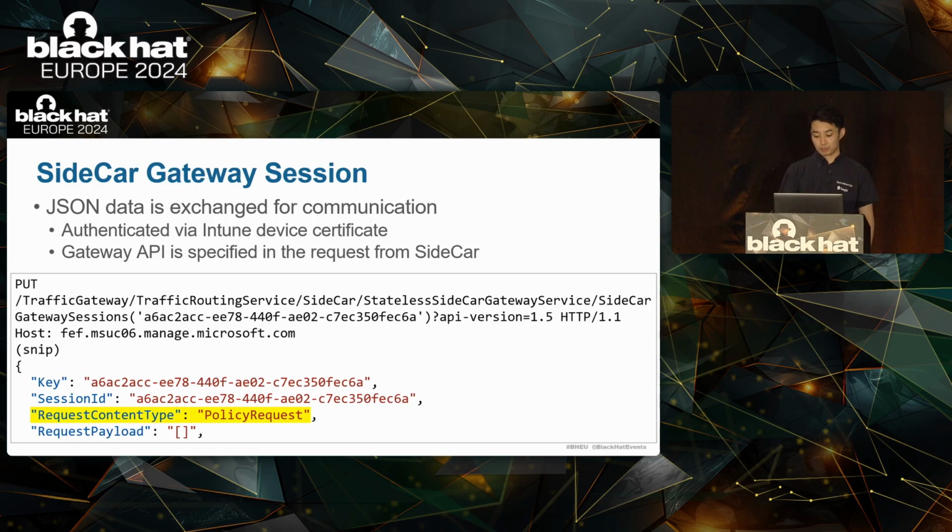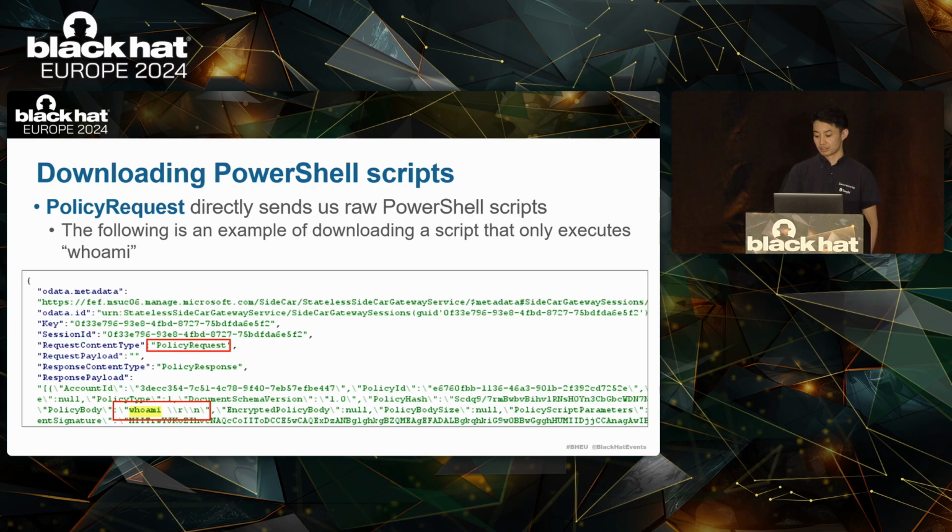And this is the example of the request from the SideCar, and it specifies the gateway API depending on what kind of information SideCar wants. For example, SideCar can download partial scripts through policy request API. The following is a response of the policy request API, and it contains partial scripts in the JSON data, as you can see below.